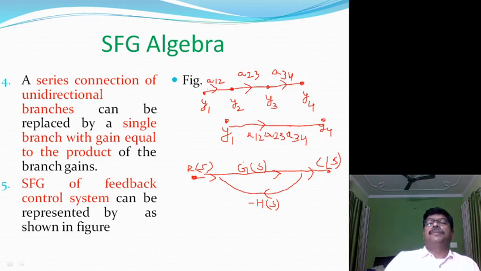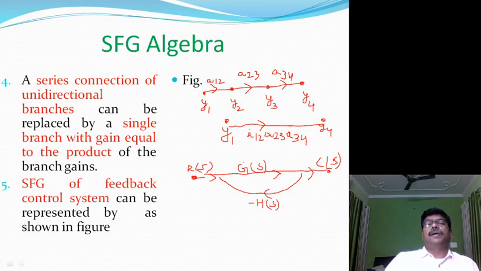So in place of a number of branches, we can write a branch with its path gain a12 product with a23 product with a34. So cascade branches or unidirectional branches can be simply represented by a single branch with a gain equal to the product of all branch gains.